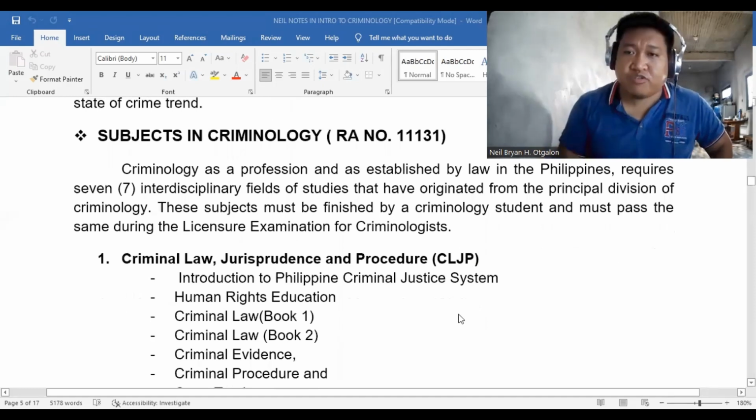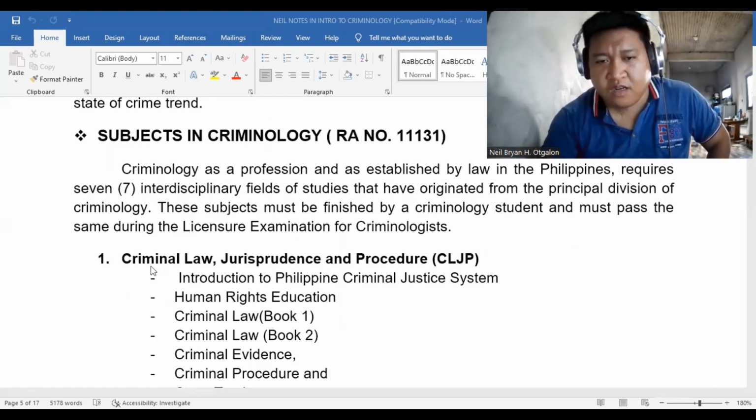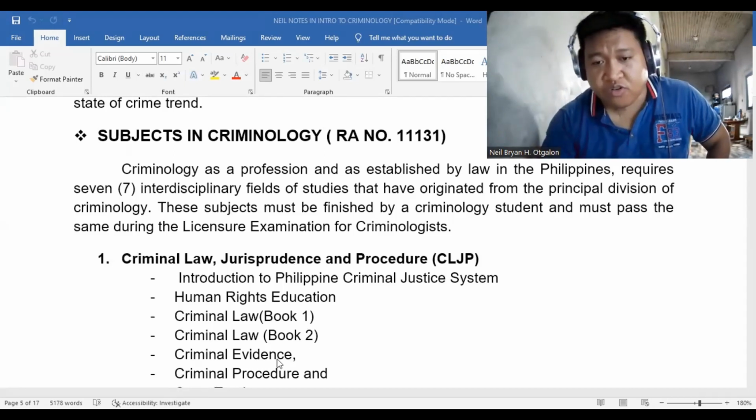This is in relation to criminal or sociology of law. So dito, pag-aaralan ninyo ang criminal law, dalawa yan, book 1 and 2. Jurisprudence is these are decisions made by the Supreme Court, and procedure we have the criminal evidence and criminal procedure. Puro batas ang mga ito. Okay? Human rights education, bagong subject yan.